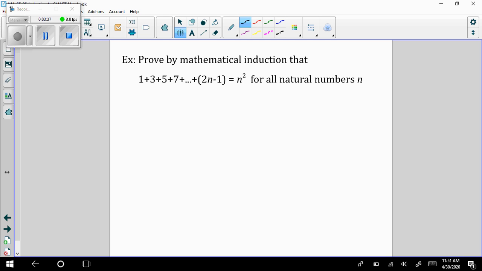All right, so I'm going to prove by mathematical induction, which is a specific process, that 1 plus 3 plus 5 plus 7 plus the next term, 2n minus 1, is equal to n squared for all natural numbers n. So basically what we're doing is proving that very first warm-up slide that we did.